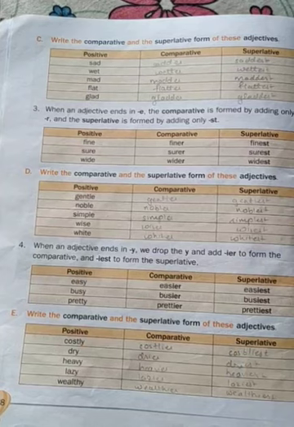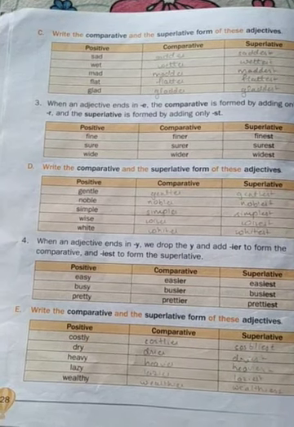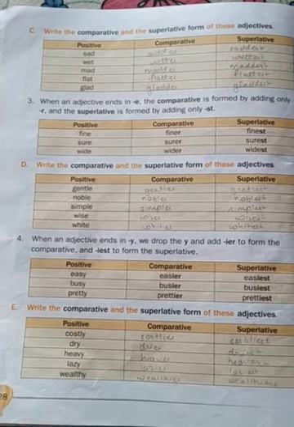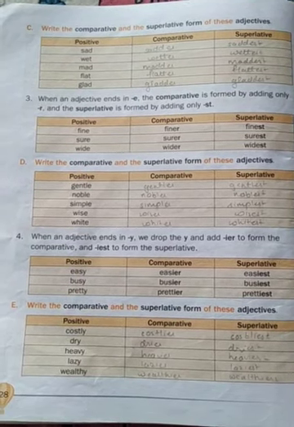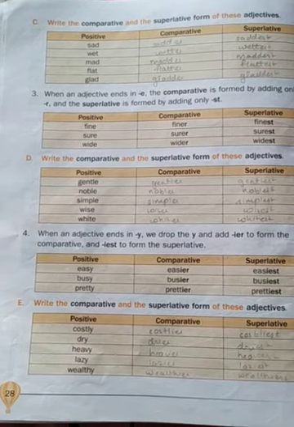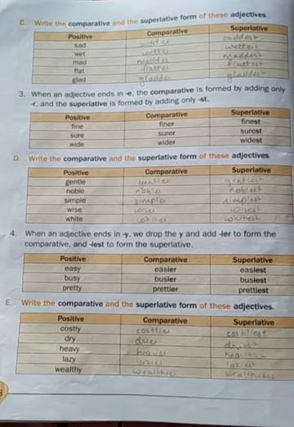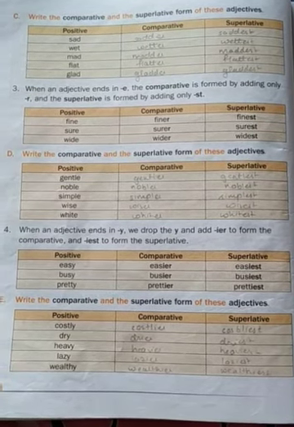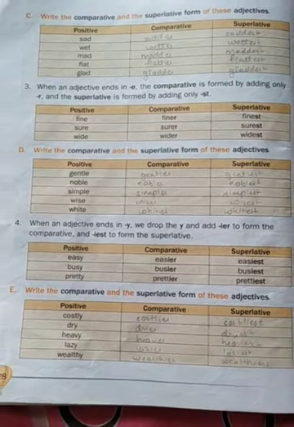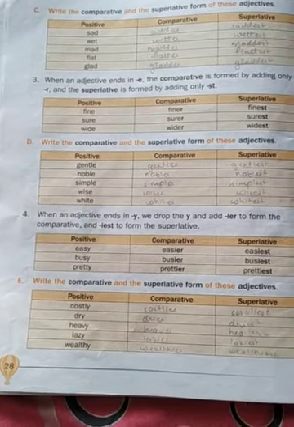The third rule is, when an adjective ends in e, then to convert it into comparative or superlative, no need to add e once again. Just we have to write r in the comparative degree and we have to add st in the superlative degree.